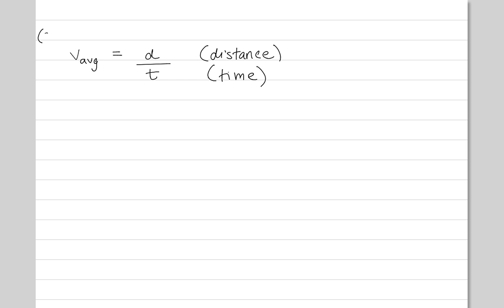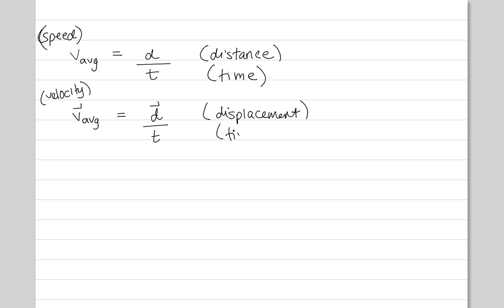Speed. Okay, now if I write it like this, and you okay with the AVG, that's average, right? If I write it like this, we're no longer working with speed, but we're working with velocity. Because now, instead of working with distance, we are now working with displacement. Okay, and of course, it's still time. Time is scalar.